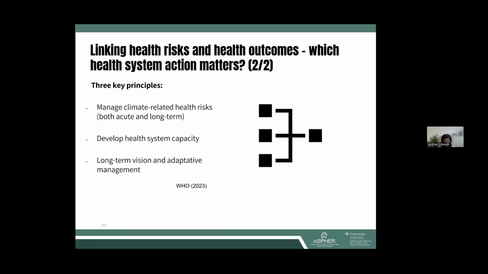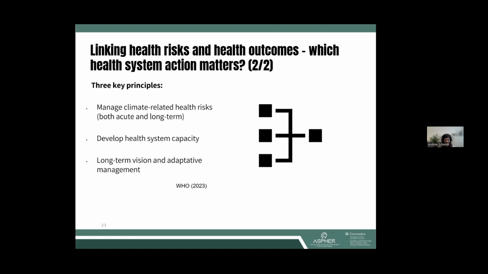And that refers not only to acute events, acute shocks such as a heat wave, a flooding, but really to manage the chronic stress that comes with climate change. And that's, of course, again, linked to monitoring systems, to being able to actually see what is coming. That's the first, managing risks.